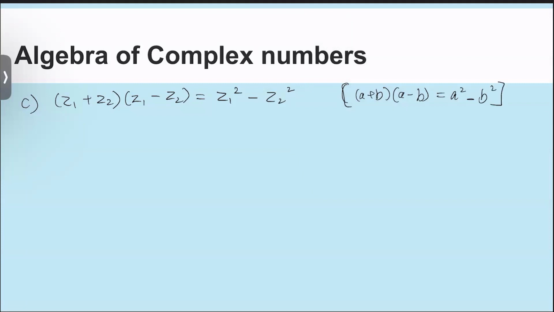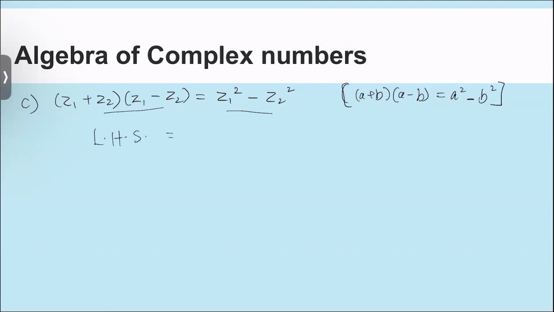So this is of this general form. So now let's see how the LHS can be proven equal to the RHS. The LHS part that we have is z1 plus z2, z1 minus z2.